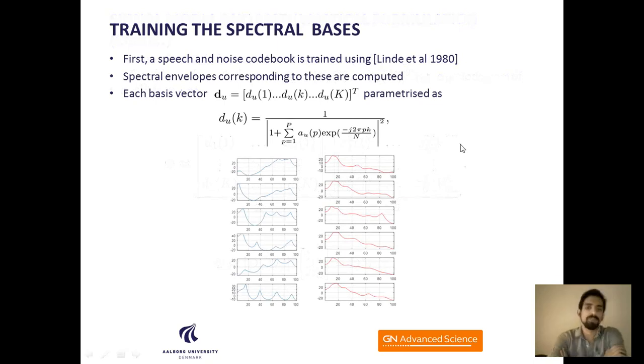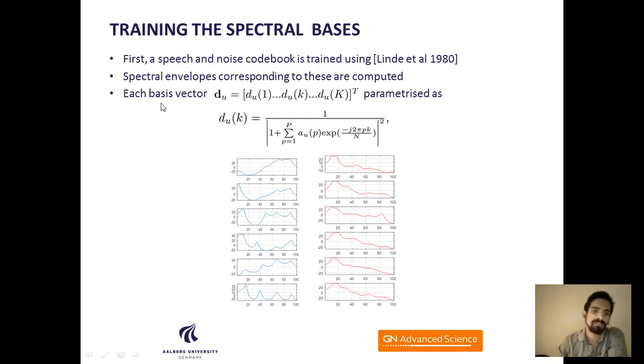So next we move on to the training stage. So we previously assumed that the spectral basis matrix D was known a priori. So in this slide we explain how it's actually trained. So we first train a speech and noise codebook using a basic vector quantizer, and these speech and noise codebooks contain the spectral envelopes corresponding to the speech and noise, which have been parametrized as AR coefficients.